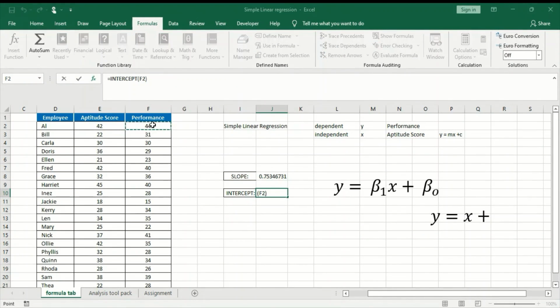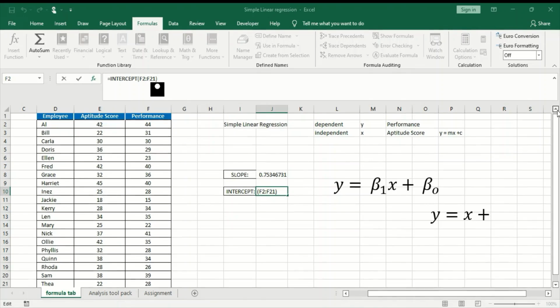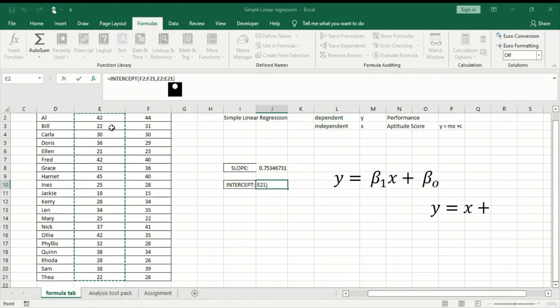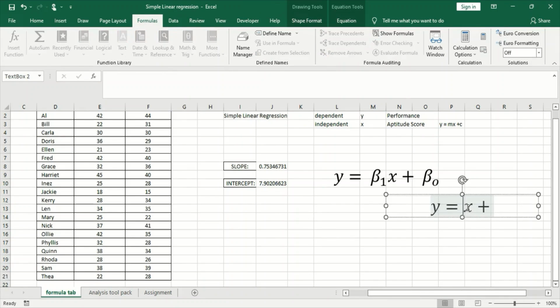So our known y, these are known y, and our x now. Then I'm going to click OK. So now we've gotten our B1 and we've gotten our B0. If we want to write out our regression equation, what is it going to be?